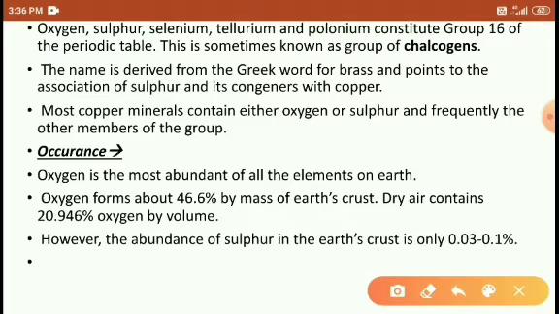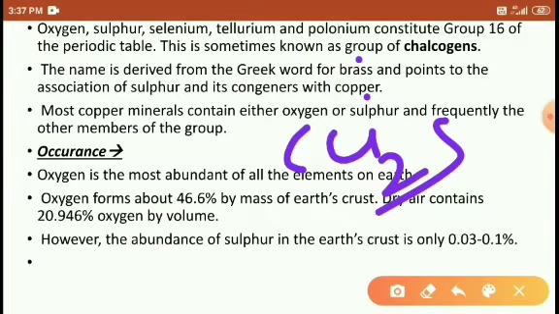So what is the meaning of chalcogen? The name chalcogen is derived from the word for brass. Why was the name chalcogen given? Because sulfur compounds are associated with brass and combined with copper, as Cu2S.